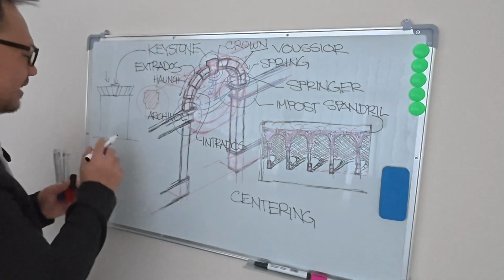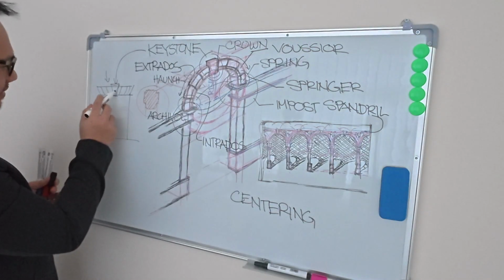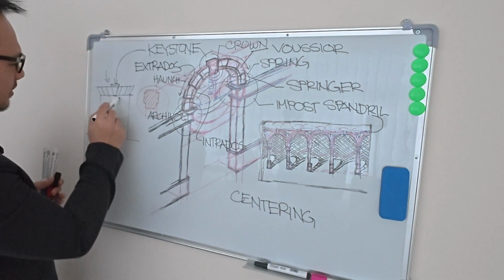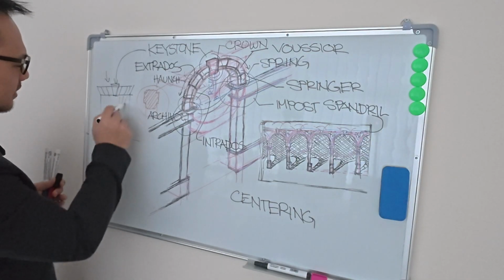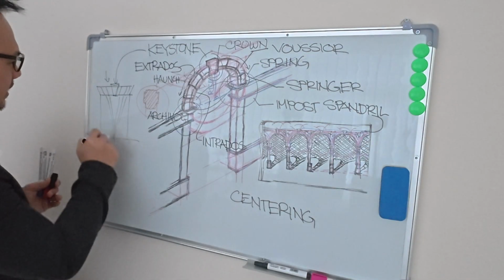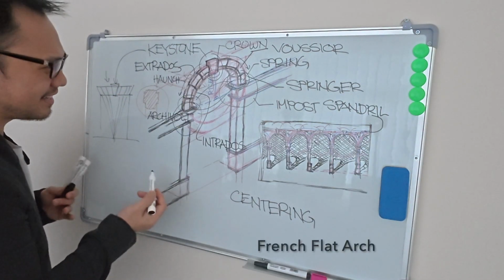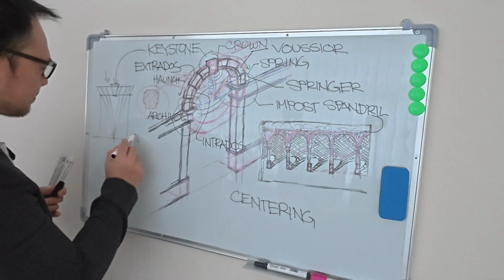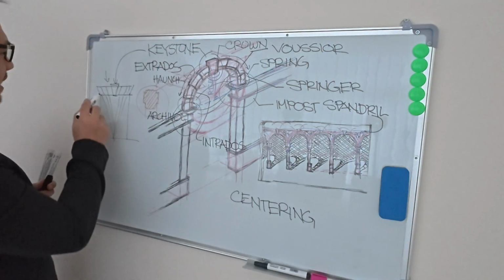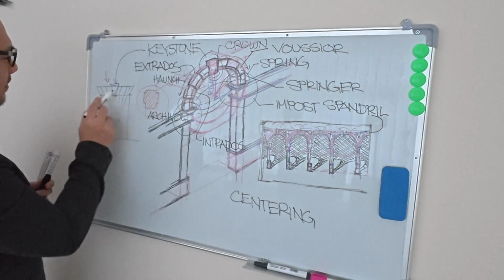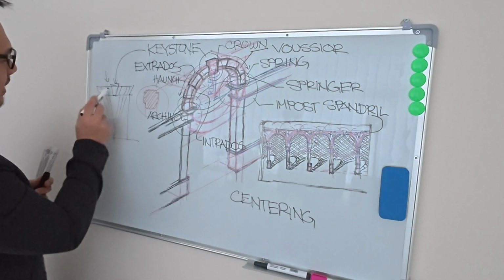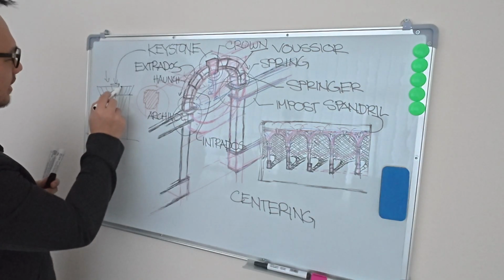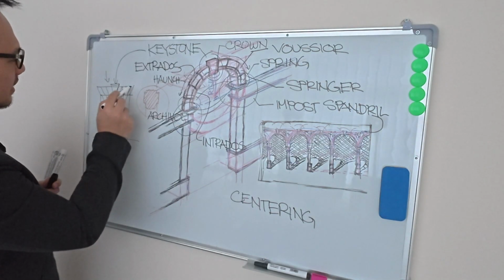A typical flat arch would consist of the voussoirs all aligning to the center, to a certain point, right? We also have what's called a French flat arch, right? And what happens in the French flat arch is, instead of all of them meeting at some central point, all the voussoirs are now parallel to the keystone.